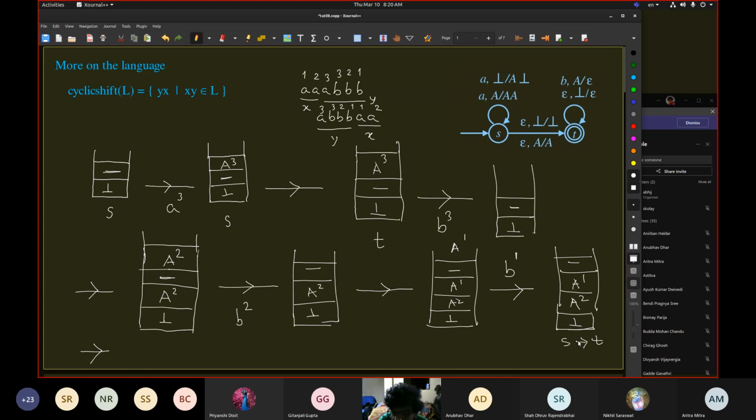Not S to T, T to S. Okay, so here also it is in state T. Then go to state T, sorry, S. And stack content was read A1, right? A1, A2. And this.